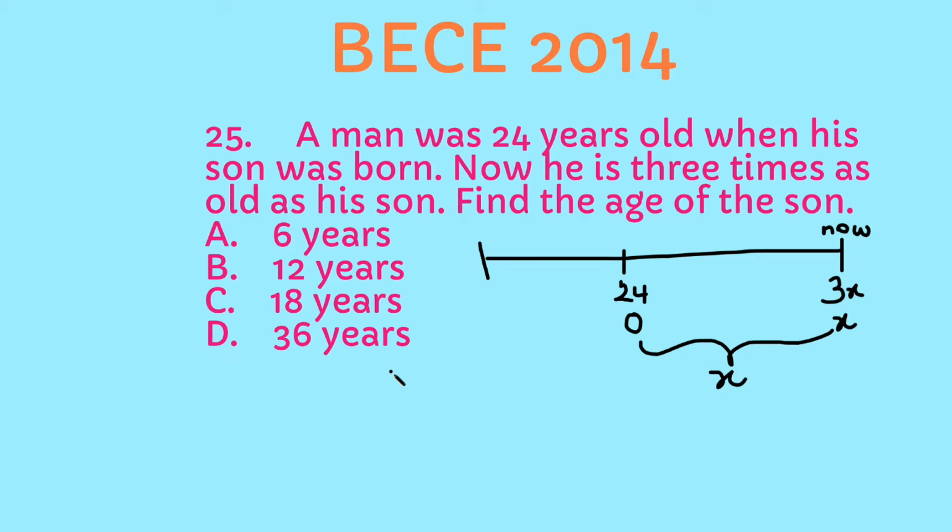If you understand this reasoning, then saying 3x minus x equals 24 would also make sense to you. If we take away the son's age from the father's current age, which is 3x, we take away x from 3x, we would get the father's age when the son was 0 years old, which is 24.